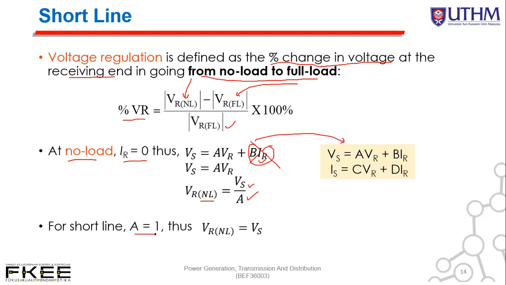So for A equal to 1, the receiving voltage at no load equals the supply voltage. Of course, there is no load, so the supply voltage equals the voltage at the receiving end under no load condition.